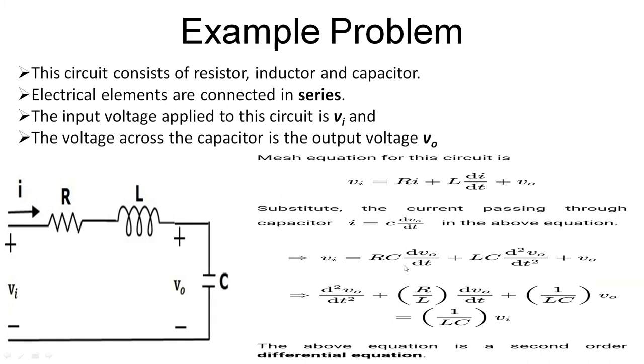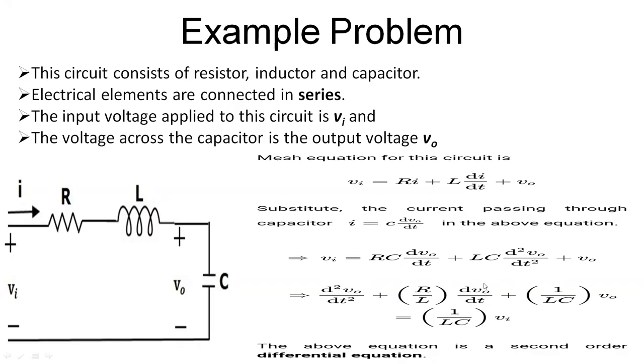And then we get Vi is equal to RC dV0 by dt plus LC d square V0 by dt square plus V0. Now we arrange this equation in the differential equation form: d square V0 by dt square plus R by L dV0 by dt plus 1 by LC V0 is equal to 1 by LC Vi.